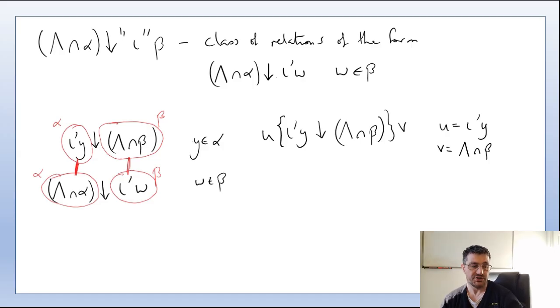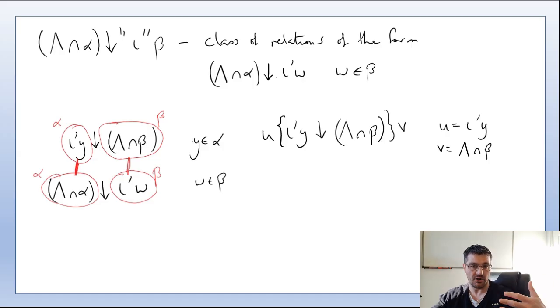So in other words, there are exactly as many relations of the form iota primed y down arrow logical product of lambda and beta as there are members of the class alpha. Similarly, the number of relations of the form lambda logical product alpha down arrow iota primed w is exactly the same as the number of terms in the class beta.